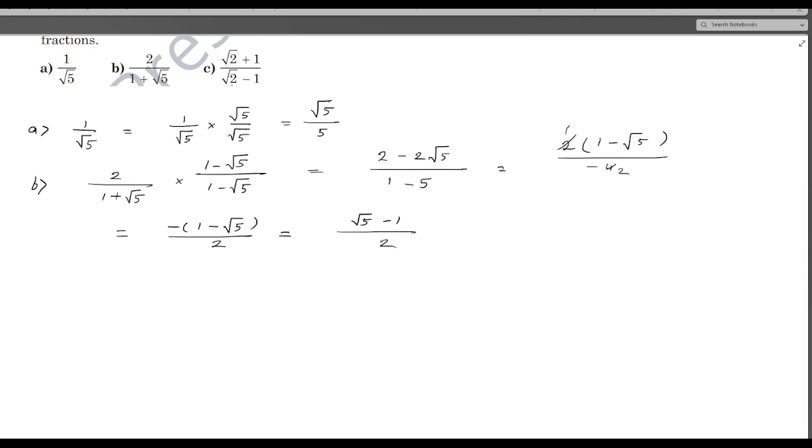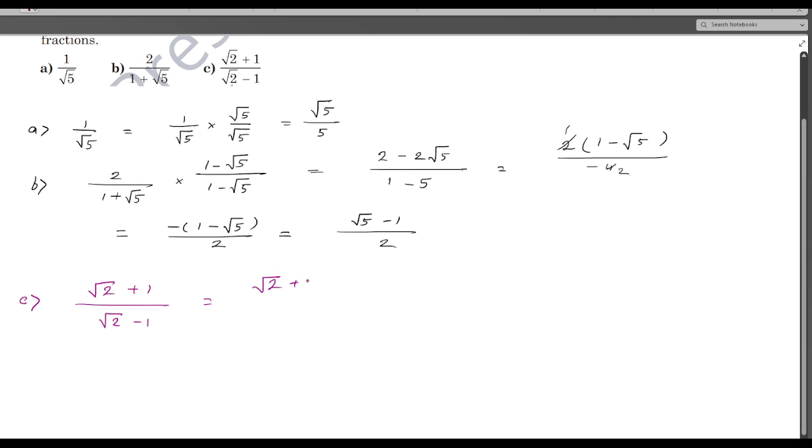And C is root 2 plus 1 upon root 2 minus 1. So this root 2 plus 1 upon root 2 minus 1 we rationalize and write as root 2 plus 1 upon root 2 plus 1. So denominator is a minus b into a plus b is a square minus b square.